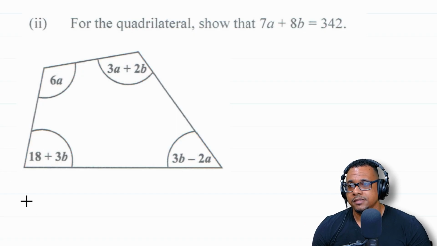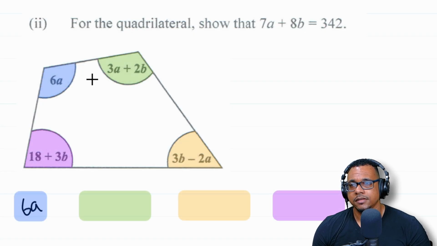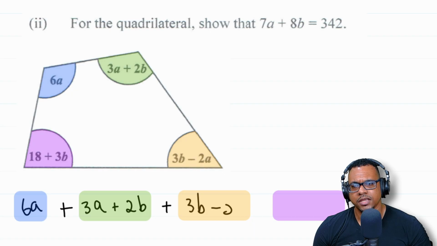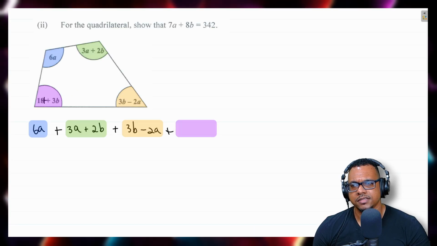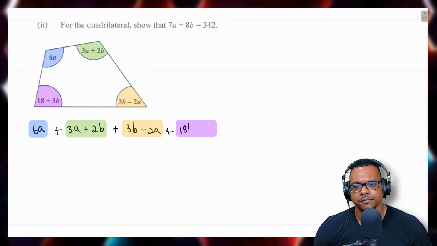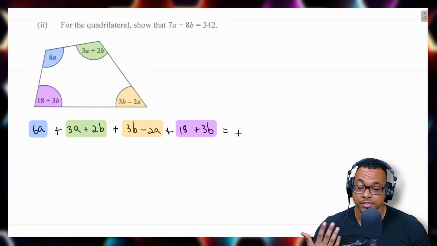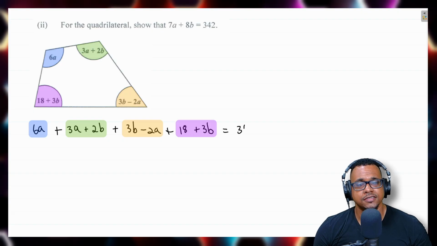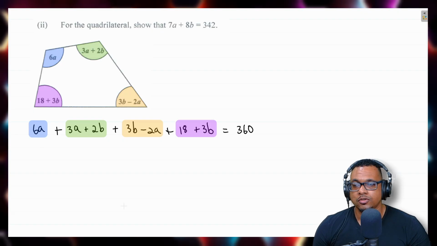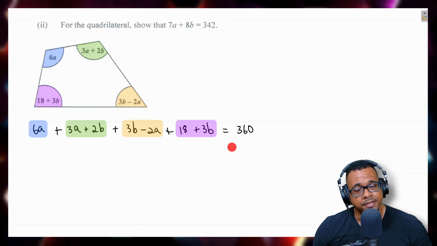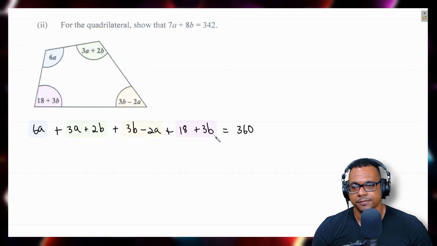So I'm going to write 6A plus this 3A plus 2B plus this 3B take away 2A plus this 18 plus 3B. And that's supposed to add up to 360 degrees. So again, I'll highlight my like terms, bring them together, simplify, and see what we get.